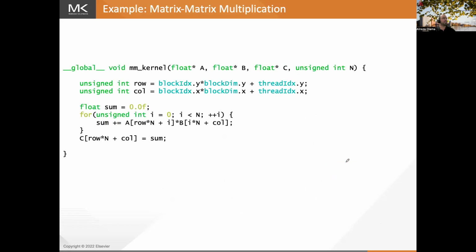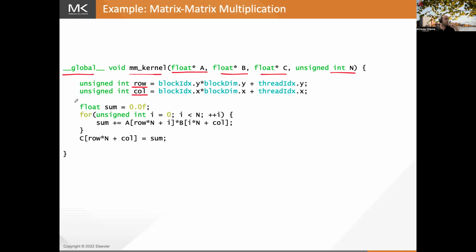Okay, so the kernel in this case is quite simple. Again, we start with global and then the kernel name. So we pass in linear arrays for A, B, and C matrices, and also the number of elements, right? And then we again identify the row index and the column index of the thread that we want to work with.